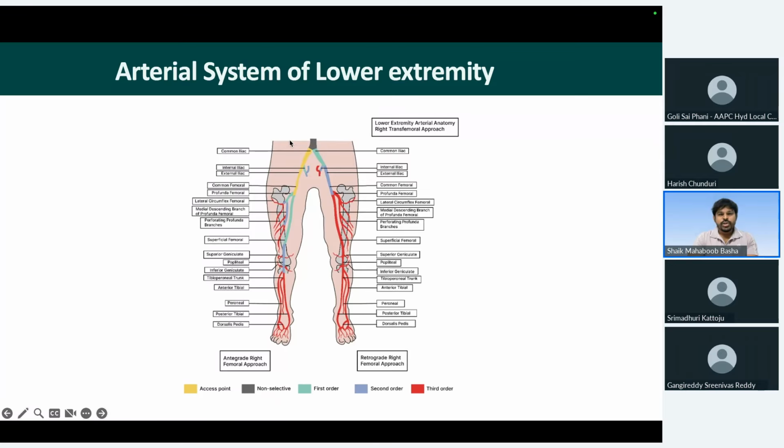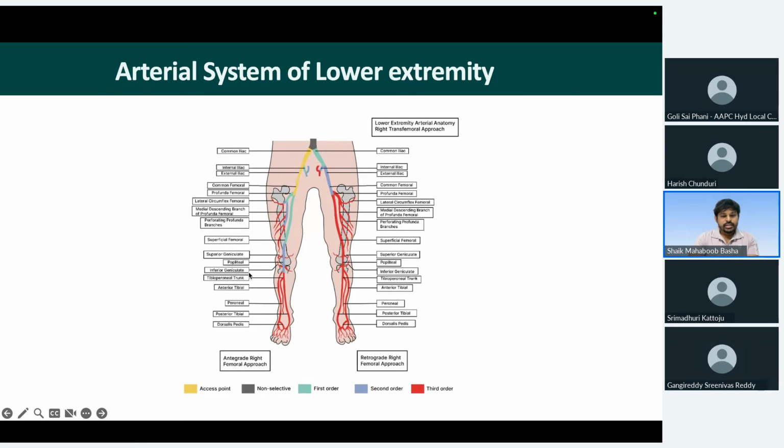In the iliac family, we do have three arteries: common iliac, internal iliac, and external iliac. While coming to the femoral territory, we have many arteries: femoral, profunda femoral, lateral circumflex femoral, medial descending branch of profunda femoral, then profunda branches, superficial femoral artery, then superior geniculate artery, popliteal artery, inferior geniculate artery.